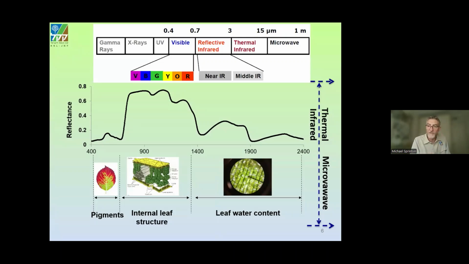Almost all of them are in use, and in the middle is the spectral signature of a healthy leaf, in the visible to mid or shortwave infrared part of the spectrum, and this signature is divided into three subregions.